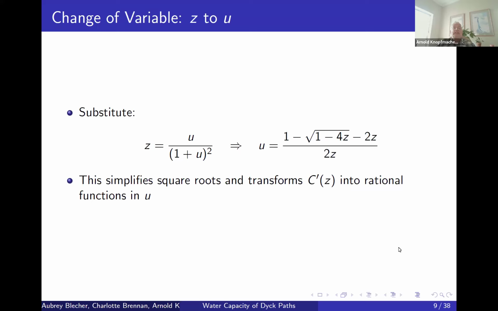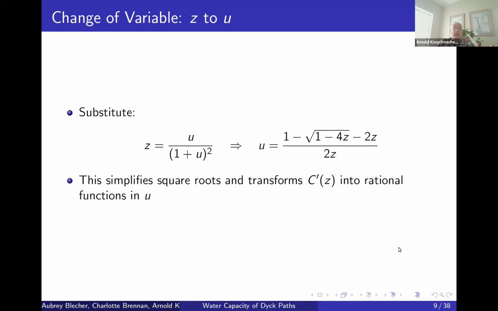The reason that we use that substitution is if we work it around the other way, then we see that u, in fact, has a square root built into it. And in particular, it's even the right square root for Catalan number purposes.